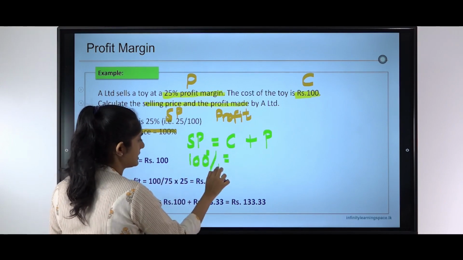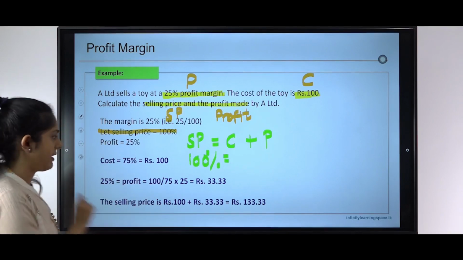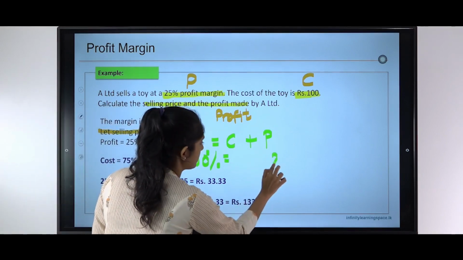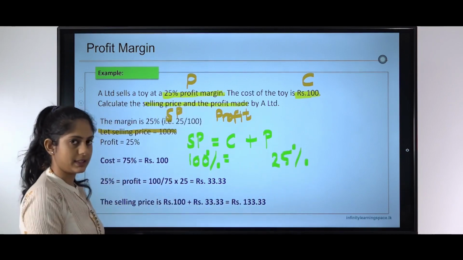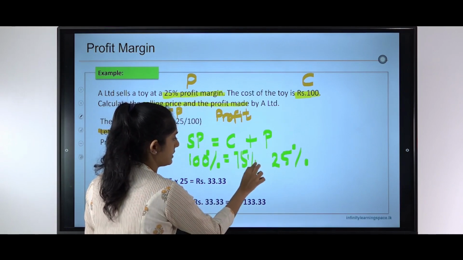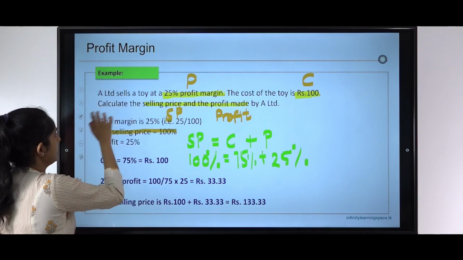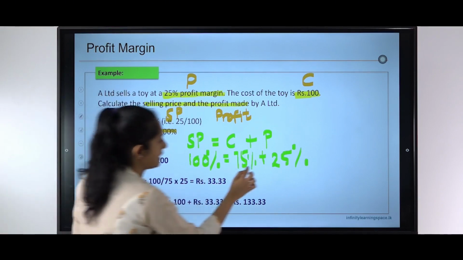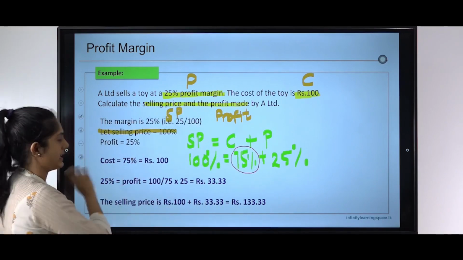If selling price is 100%, they said margin is 25%, right? So if margin is 25%, cost has to be 75%, right? So that's the number you will calculate and figure out like a balancing number. That will be the balancing number.